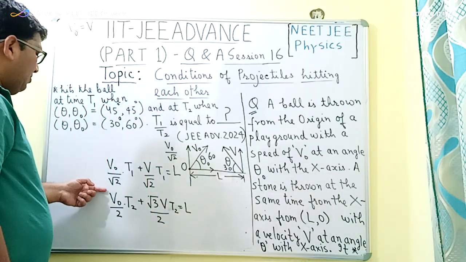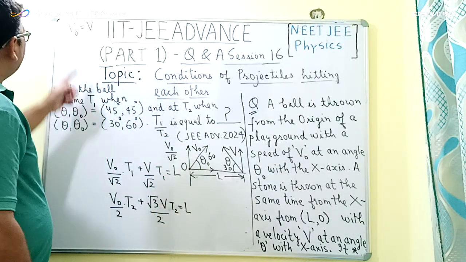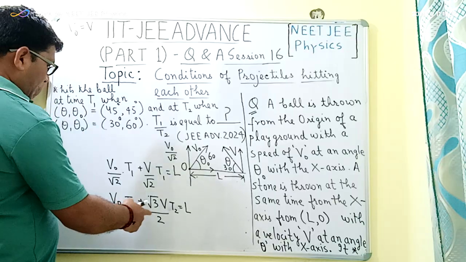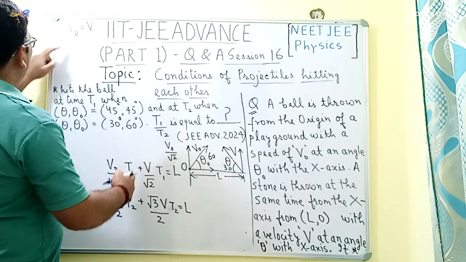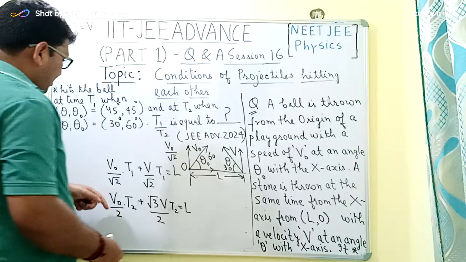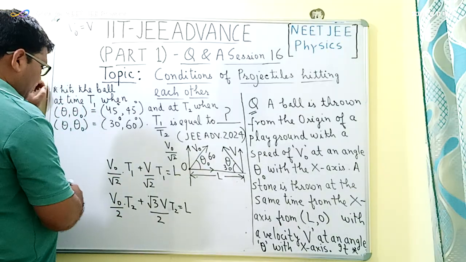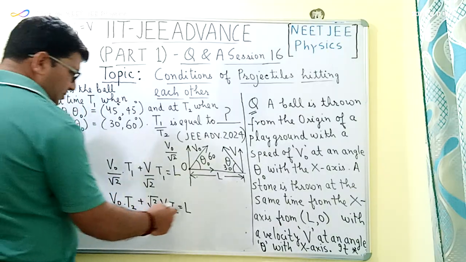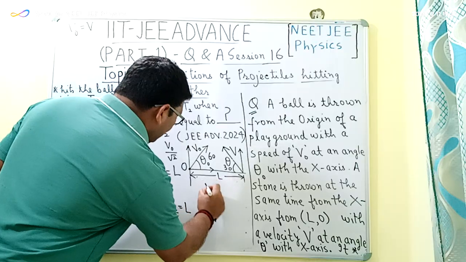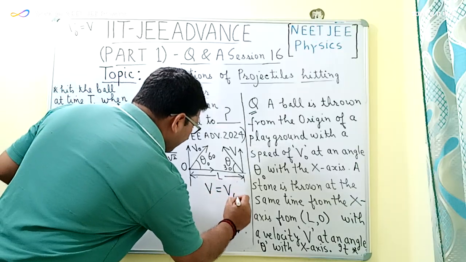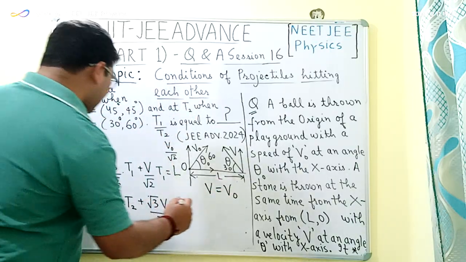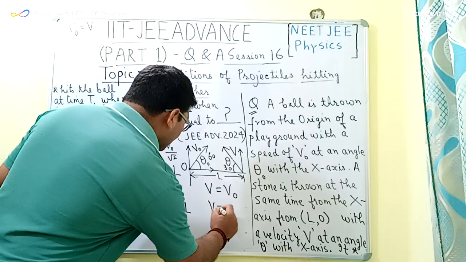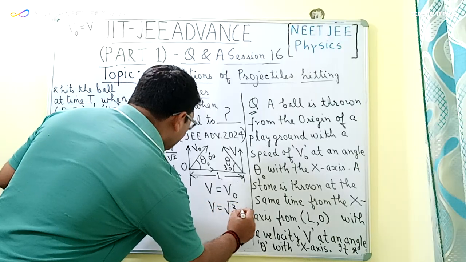Now we have to simply solve these two equations by substituting the value of V. From the first case V was equal to V naught, and in the second case V was equal to root 3 V naught.